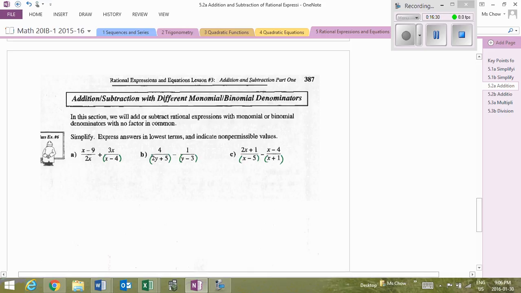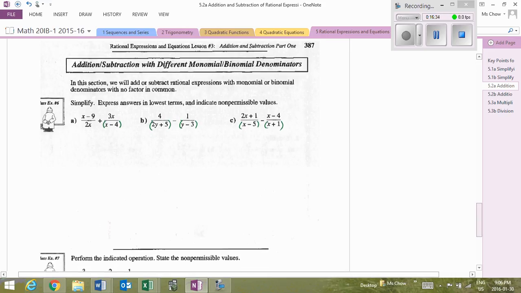So this is where I look at this and think they've not left us very much room whatsoever. So for A, my common denominator then is, because factor 2, factor x minus 4, nothing in common, so the whole thing then, 2x times x minus 4, is my common denominator.